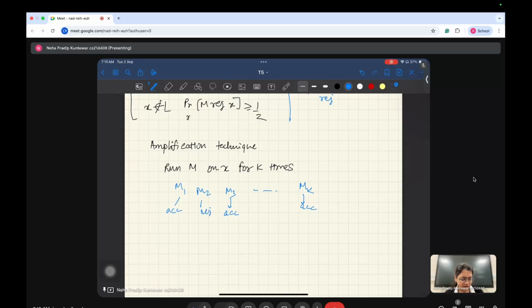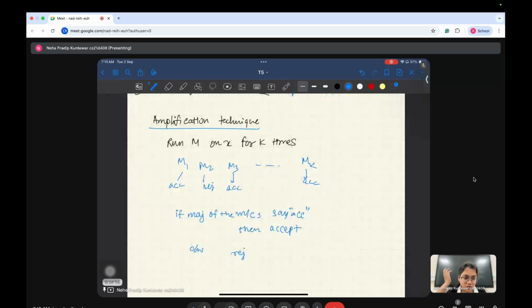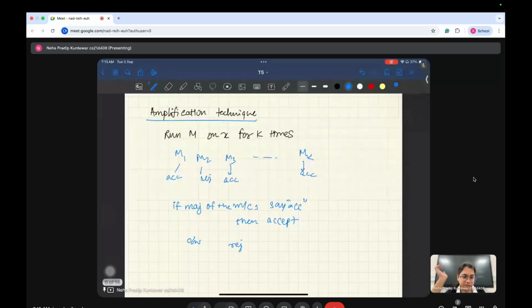If the majority of the machines say accept, then we are going to accept, otherwise we are going to reject. Okay, so this is the most natural amplification technique here. Now the question is, what happens to the error probabilities?